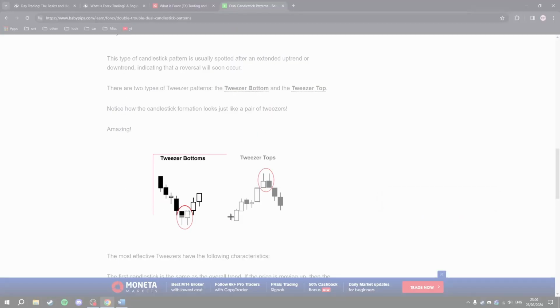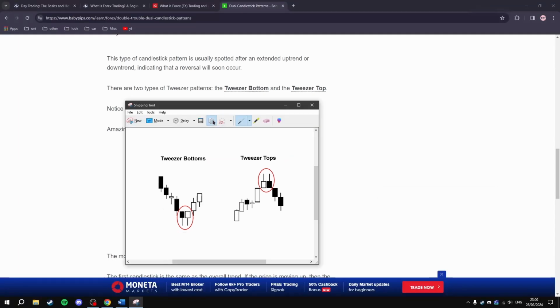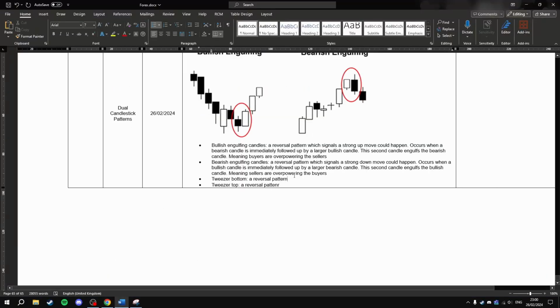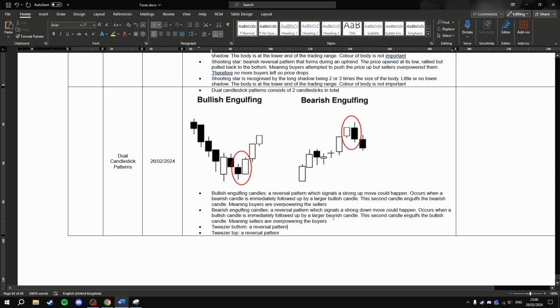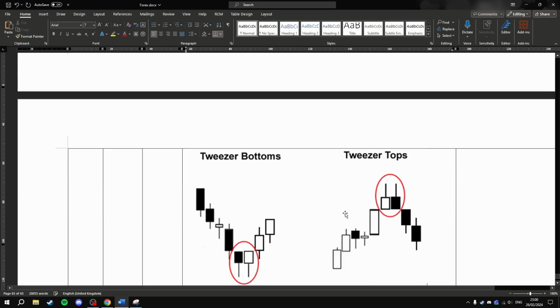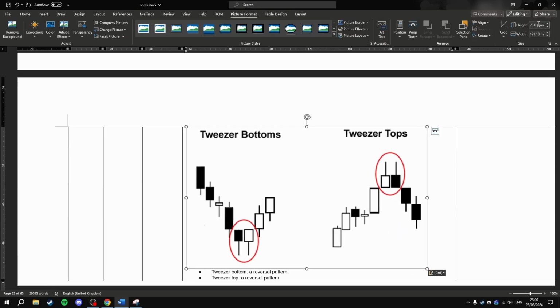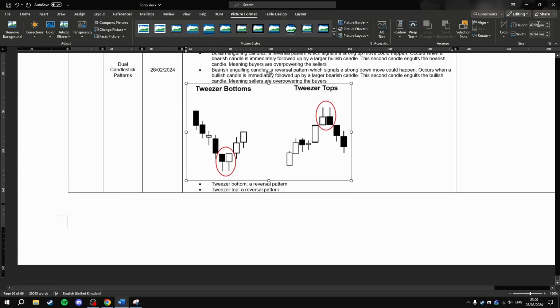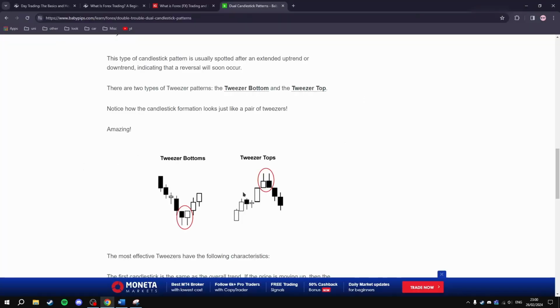So let me just do this. Go before here, so it's easy to know. So 49.99. Tweezer bottom.